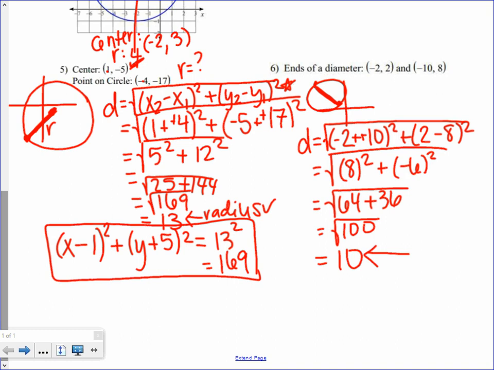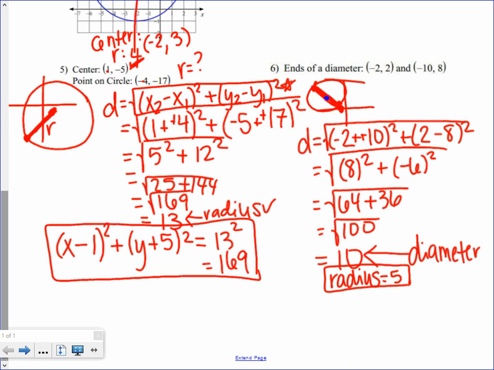Now what is this 10? That's going from one side of the circle to the other side of the circle, the diameter. So if the diameter is 10, that means that my radius, half of 10, must be 5. So we're going to be using that information. But that doesn't give me my center.